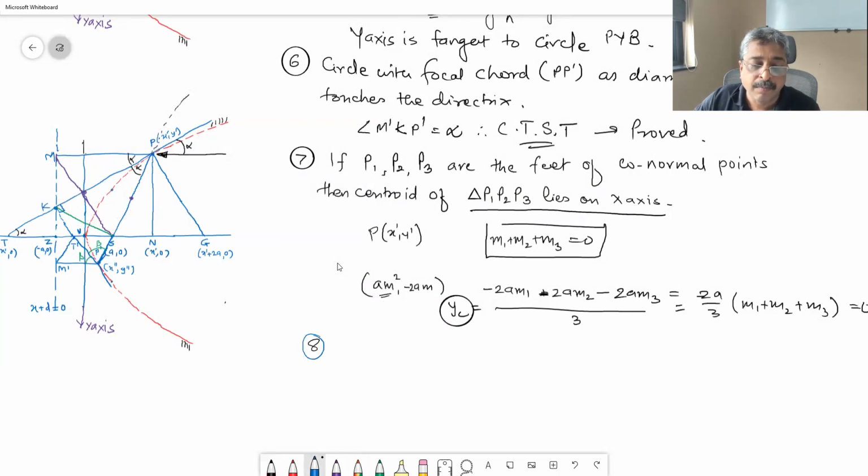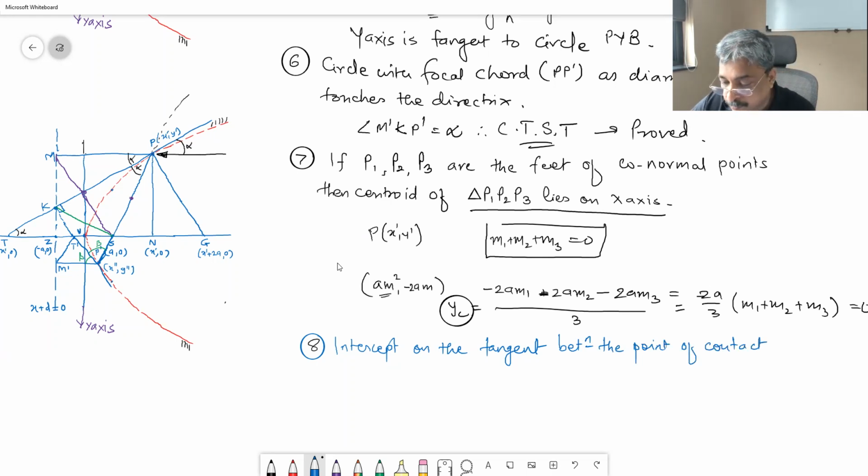Question number 8. Intercept on the tangent between the point of contact and where it meets the directrix subtends right angle at focus.